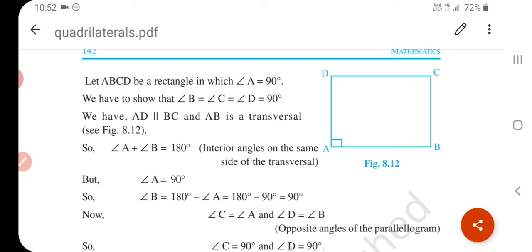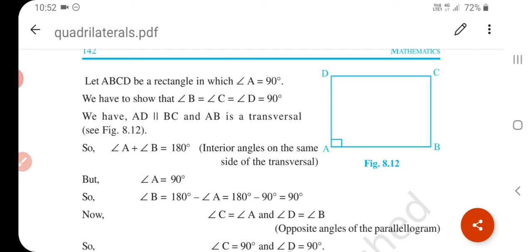Now properties of a square. Since every square is a parallelogram, therefore it has all the properties of a parallelogram. And additional properties of a square are: all the interior angles of a square are right angles, all the sides of a square are equal, the diagonals of a square are equal, and the diagonals of a square intersect at right angles.